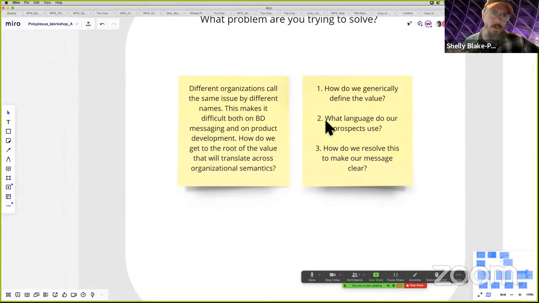So the three questions I came up with, in terms of how we get to the root of the value that will translate across different organizational semantics, are: number one, how do we generically define value? Two, what language do the prospects use? And three, how do we resolve this to make the message clear?